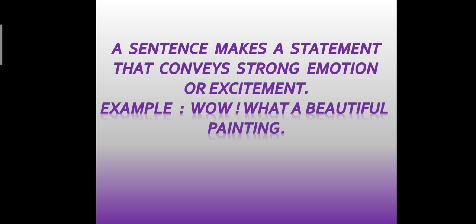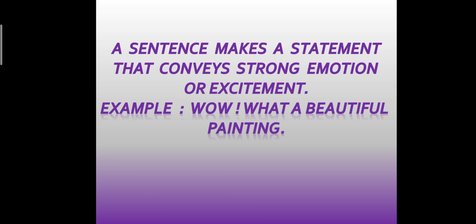You can see exclamation marks in exclamatory sentences. Here you can see after the word wow, you can see an exclamation mark. Okay, here it is written, a sentence that makes a statement that conveys strong emotion or excitement. Now I think the four types of sentences are clear for you, isn't it?